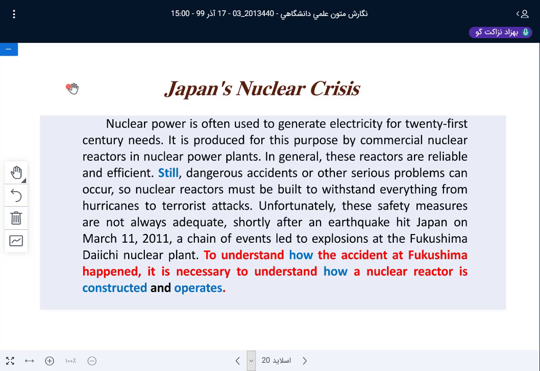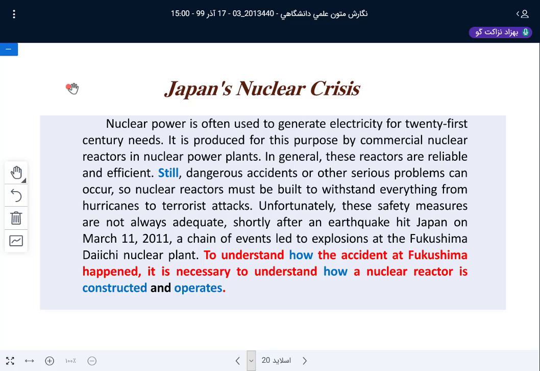What is our argument? What is our thesis? What is the point we want to make? To understand how the accident at Fukushima happened, how it happened, it is necessary to understand how a nuclear reactor is constructed and operates.